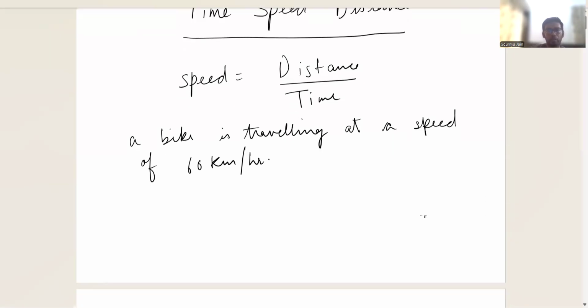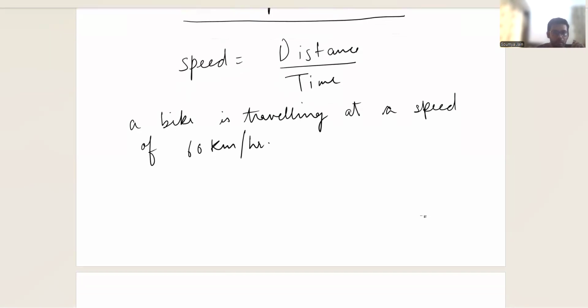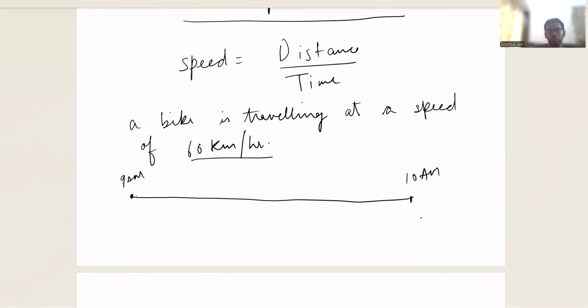So if I draw the trajectory of the rider, let's say the person leaves his or her home at, let's say, 9 a.m. Now when I say that this person is traveling at a speed of 60 kilometer per hour, so after an hour, let's say 1 hour later is 10 a.m., this person would be 60 kilometers distant from the starting point.